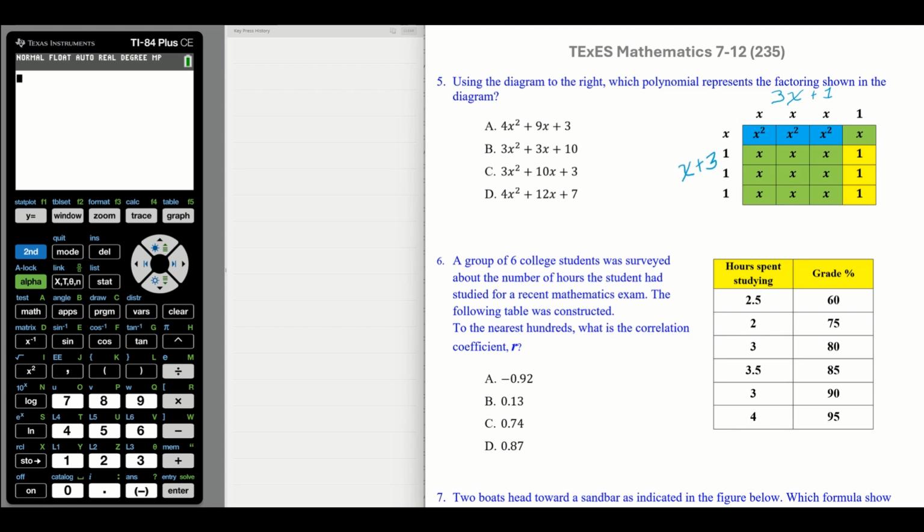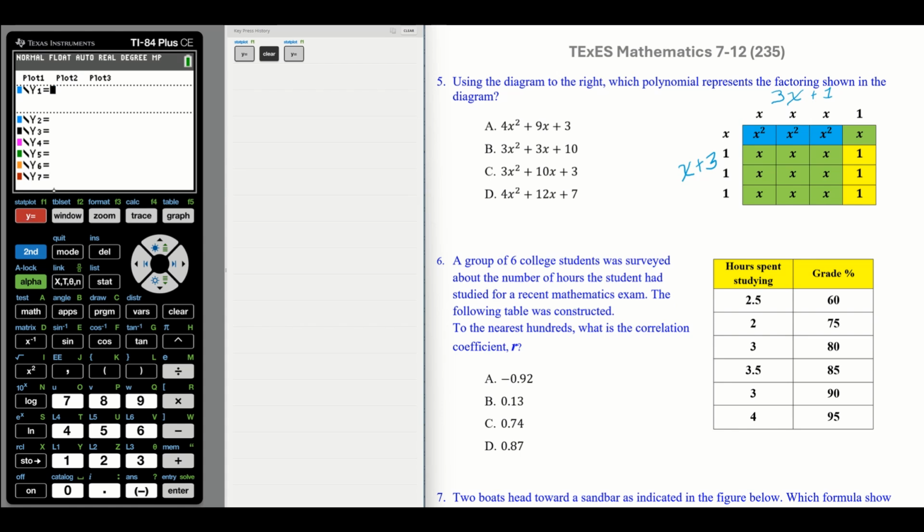Okay, we can FOIL those real quick and see what they are, or we can do a double check in our calculator. Let me show you how to do that. If the numbers are larger, you can just match it up. Let's see what happens. Okay, let's clear out. Notice I went to y equals. Okay, all right, clear out the first one.